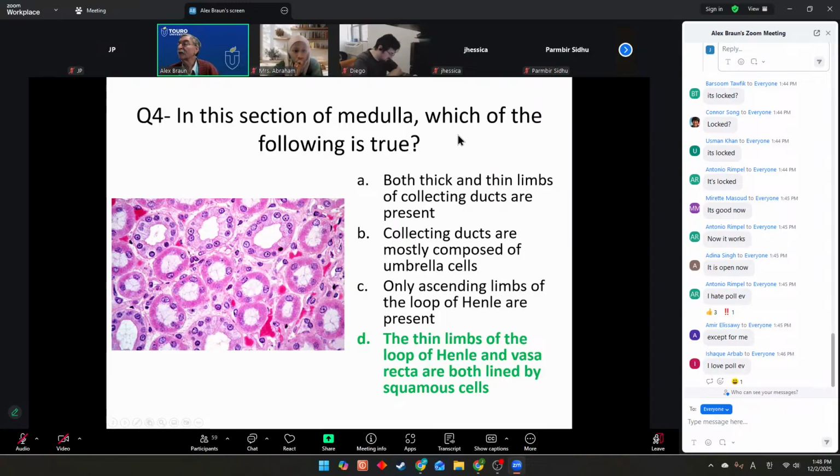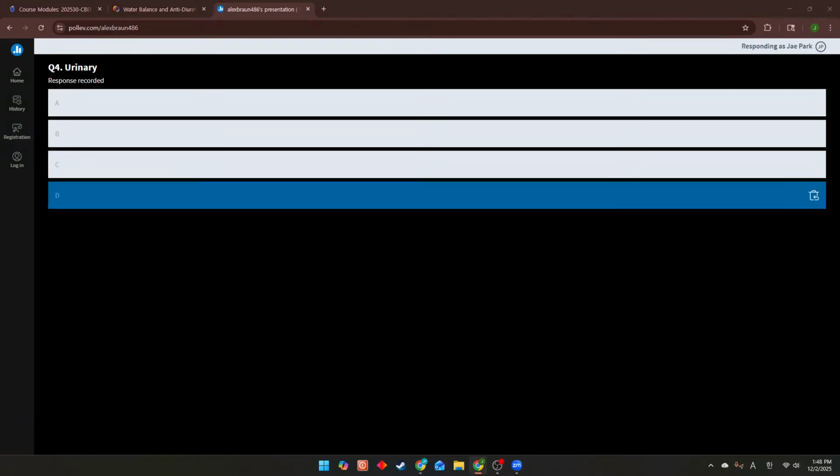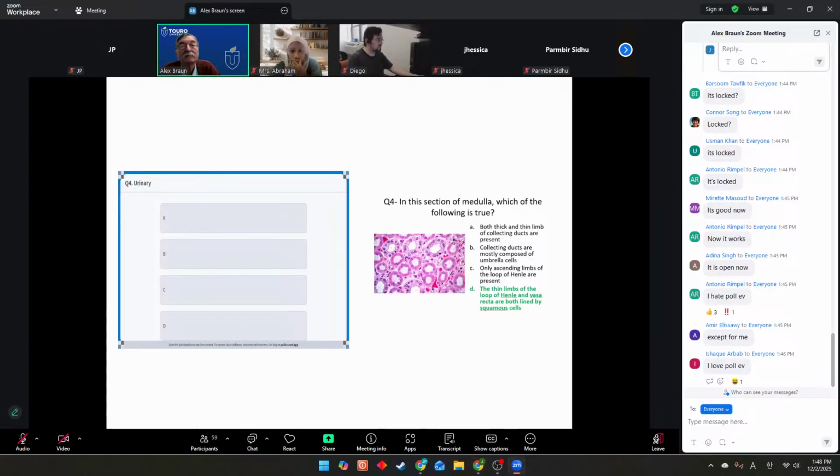So what is true of this section here? The thin limbs of Henle and vasa recta are both lined by squamous cells for the reasons I just mentioned to you. So vote for that. It's a bit challenging, I have to say, but by using reasoning, you're able to figure that out. We'll talk more about this in the lab.